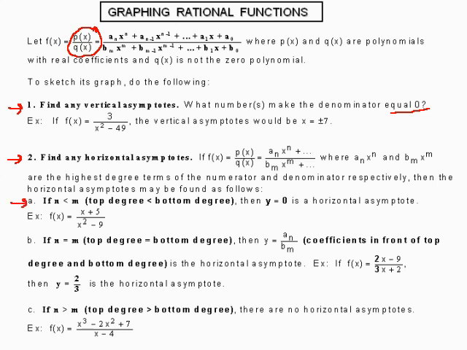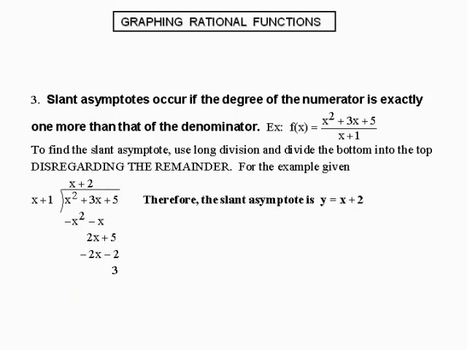I said if the top degree is less than the bottom degree, then it's Y equals 0. If the top degree equals the bottom degree, and I gave you an example over here, it's those coefficients in front that give you the HA. And if the top degree is greater, there is no HA. But there may be, as we'll see in this next slide, a SA, or oblique asymptote.